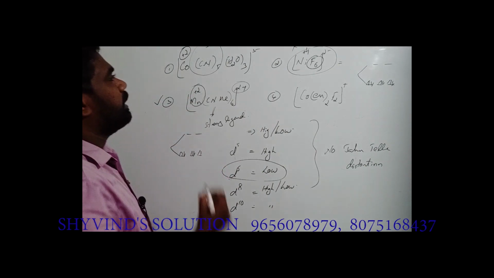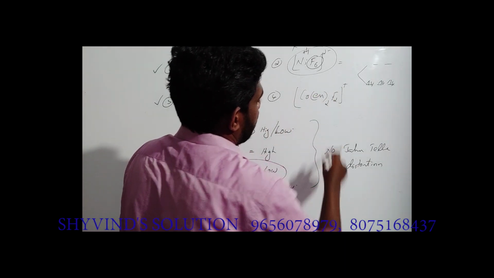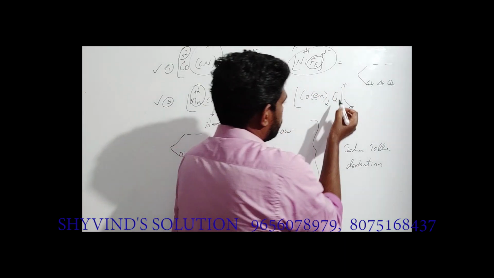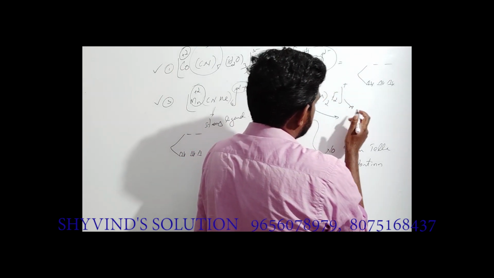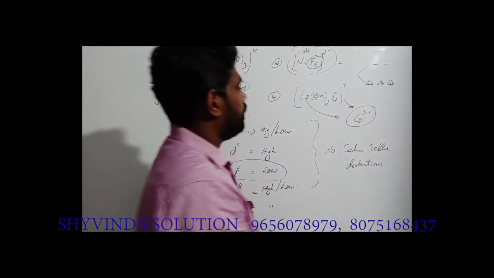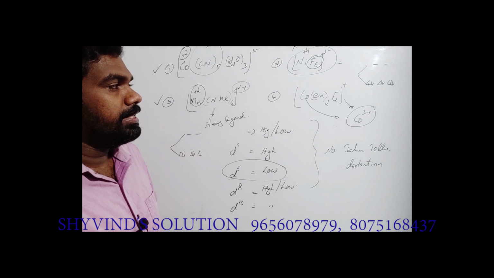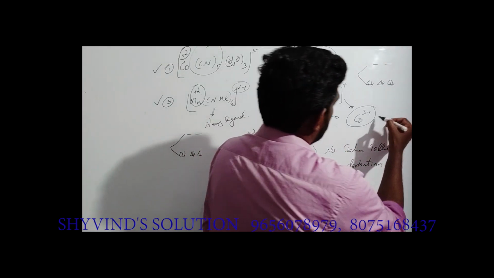This is also Jahn-Teller active. What about this one? If you are talking about option number 4, this cobalt is in Co3+ oxidation state. If the cobalt is in 3+ oxidation state, there is a chance for a low spin complex.